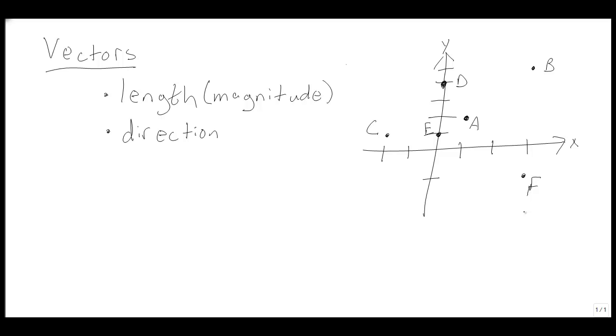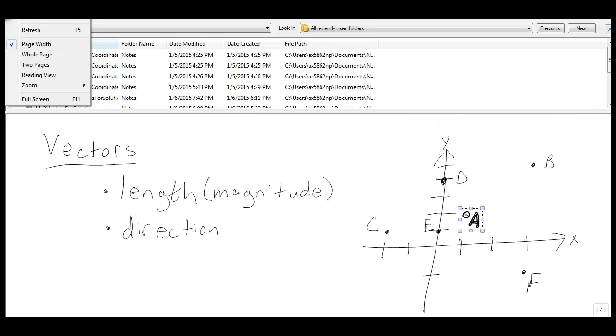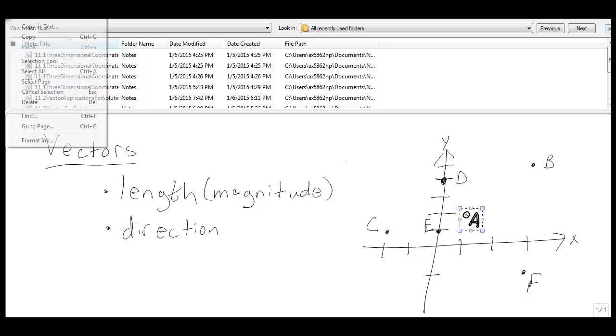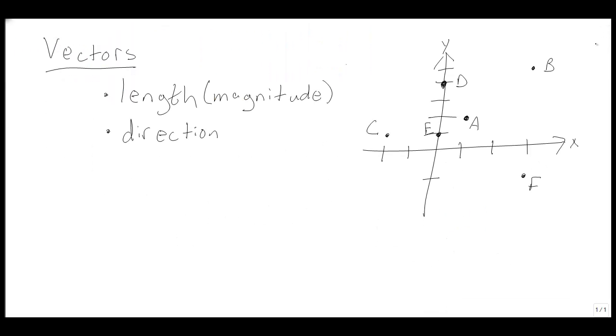And a standard way to do a vector is you have an initial point, say A in this case, and we go to a terminal point B. So this vector from A to B, we're going to call that the vector AB, and typically we're going to put some kind of arrow over this.